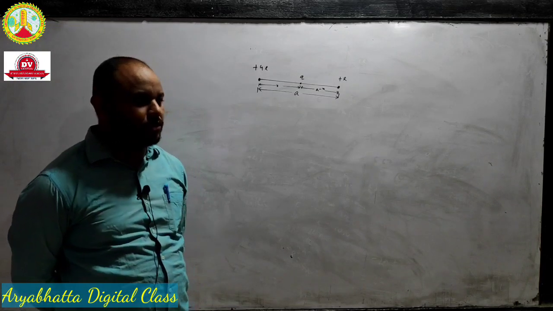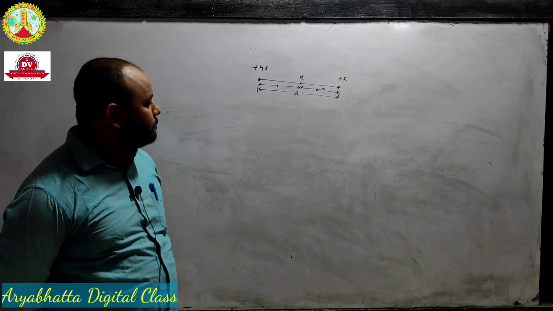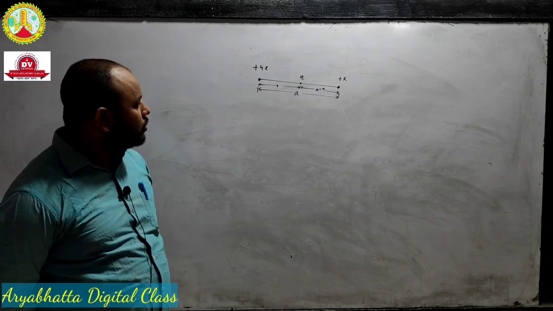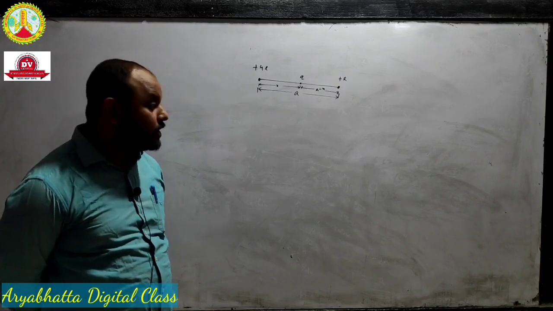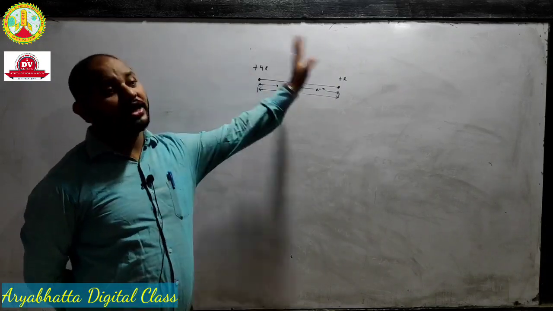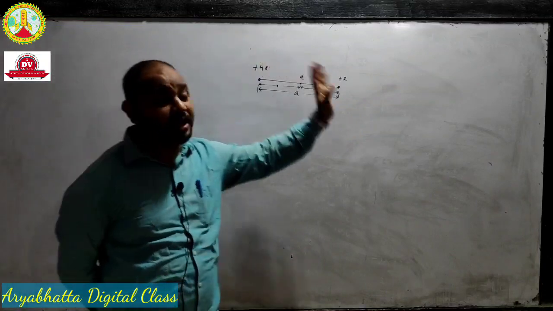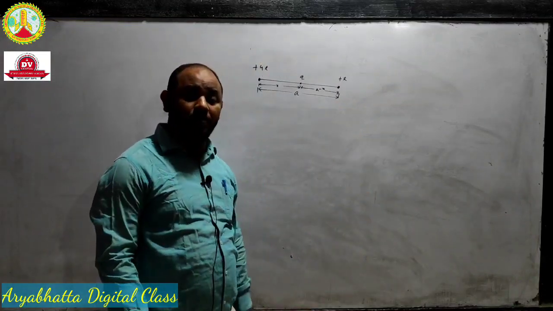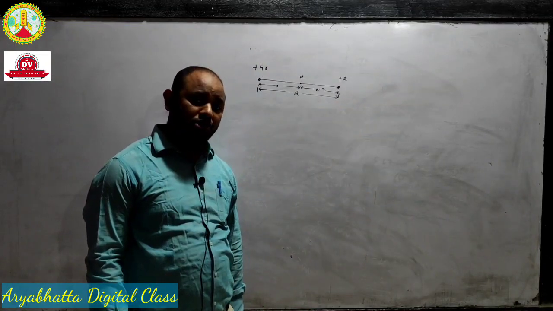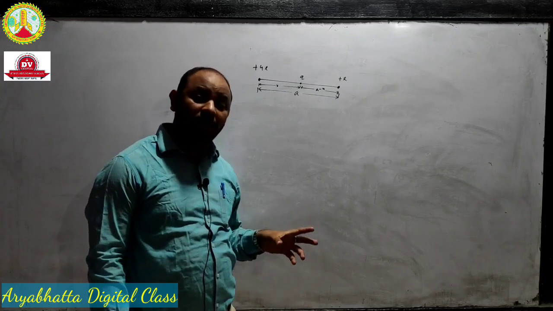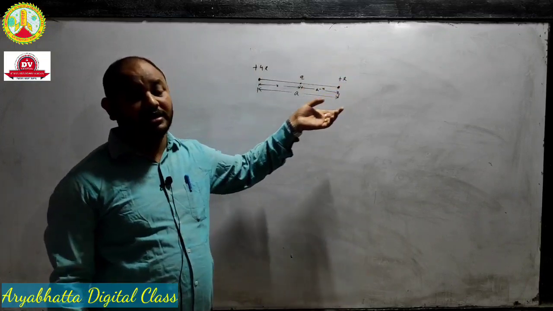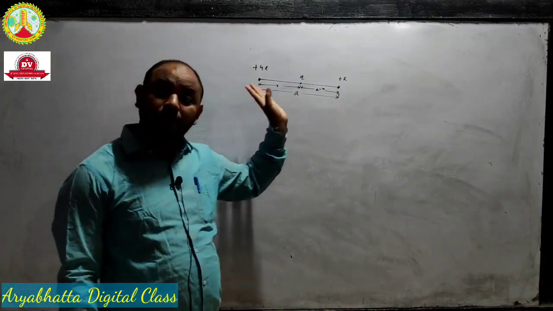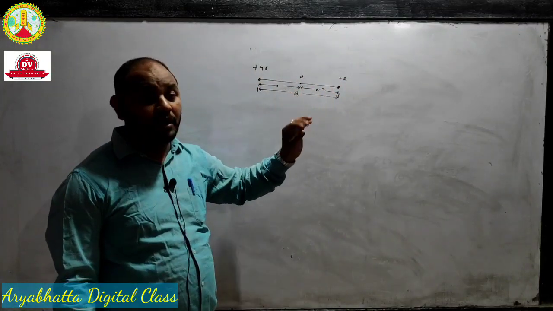Here the question is, where should a third point charge Q be placed so that the entire system may be in equilibrium? That is the first question.